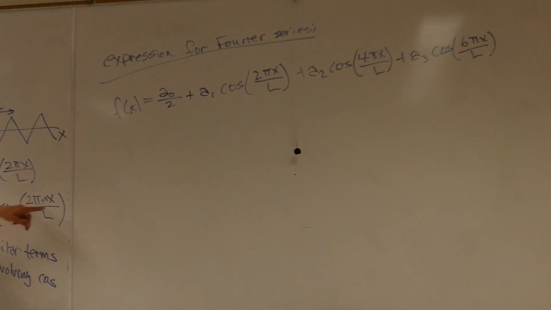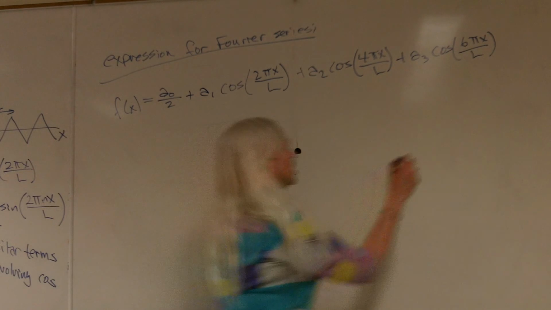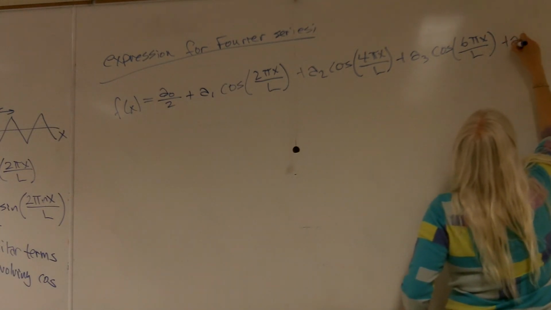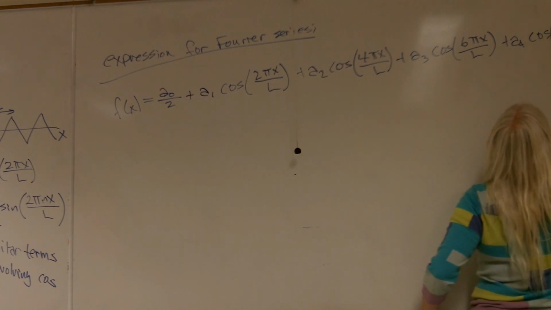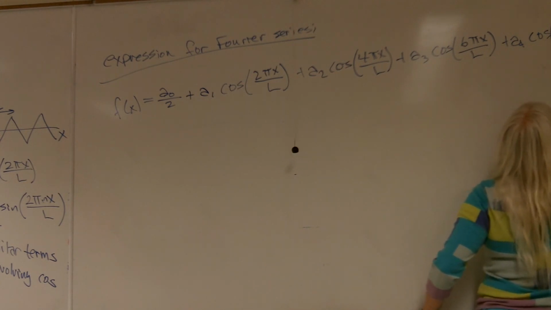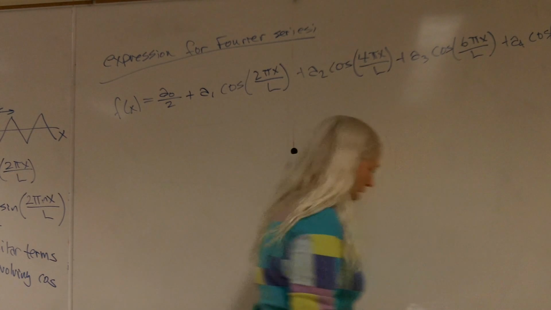So for 6 pi x over L, with n equals 3, I've called the coefficient A3. And there could be a similar A4 term times the cosine of 8 pi x over L, and higher values of n.